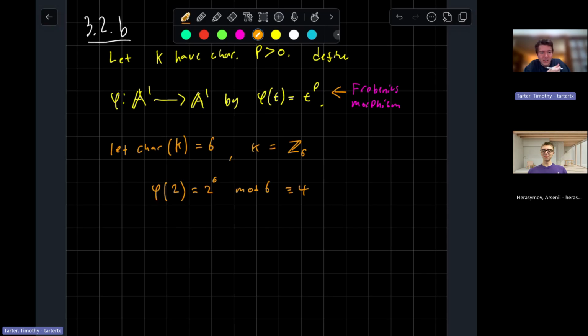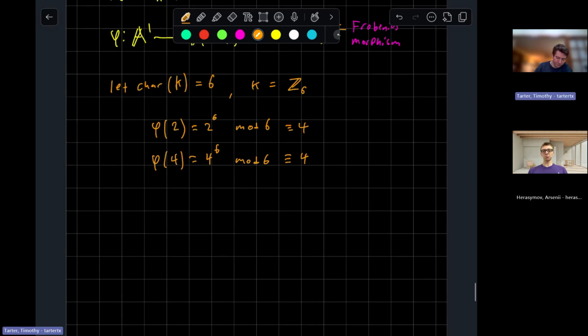Right, and so this is our example that it's not an isomorphism, because you get different things. It's not an identity map, and it's not even an automorphism because, and here is the aha moment, 4 to the 6 and 2 to the 6 go to the same thing, meaning that by the pigeonhole principle, there is something in elements 0 through 6 which definitely does not go back.